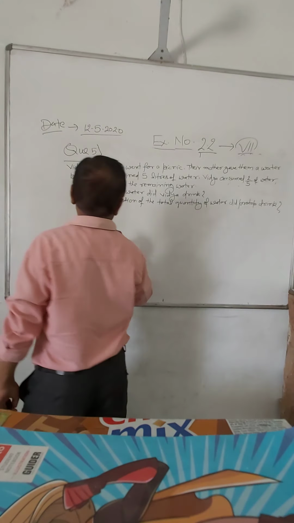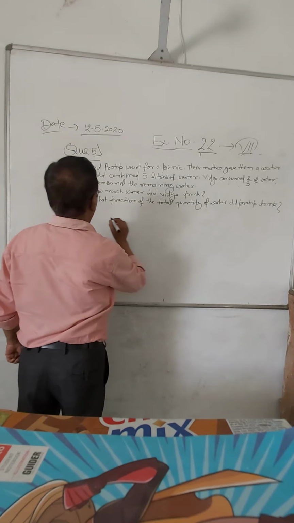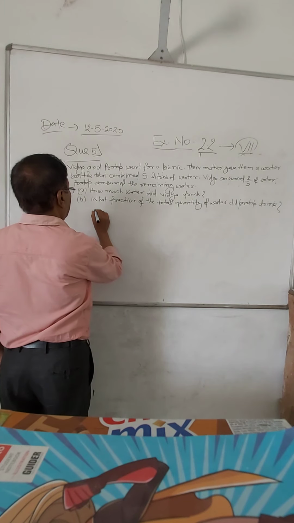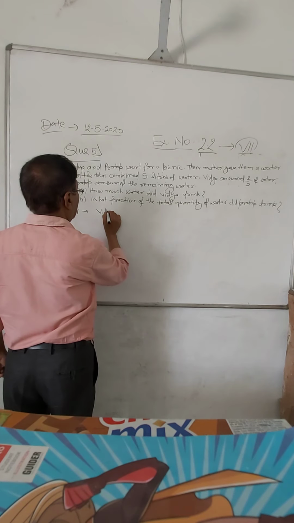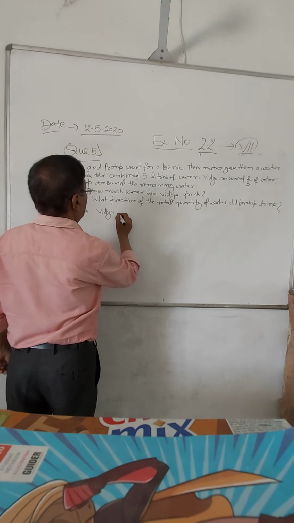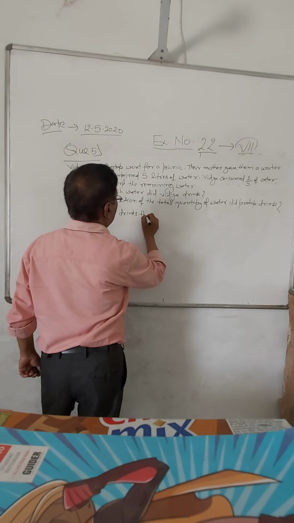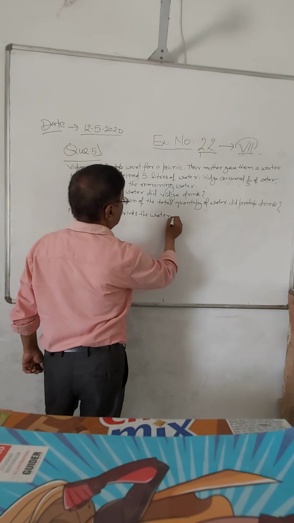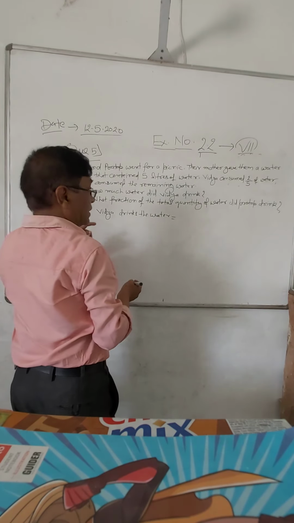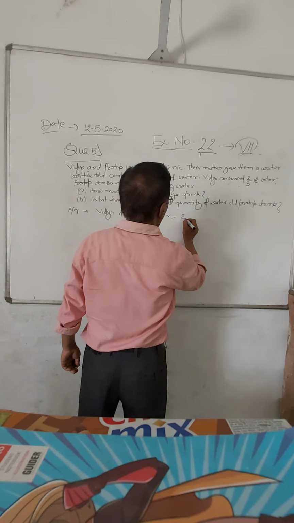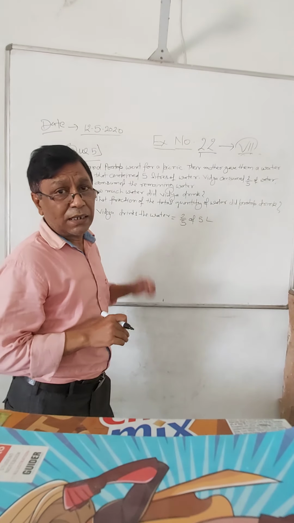So, how much water did Vidya drink? According to question क्या हो रहा है? विद्या drinks the water, that is how much? विद्या कंज्यूम 2/5 of water. जितना पानी था उसका 2/5 of 5 लीटर. 5 लीटर का 2/5 पार्ट विद्या ने कंज्यूम किया.